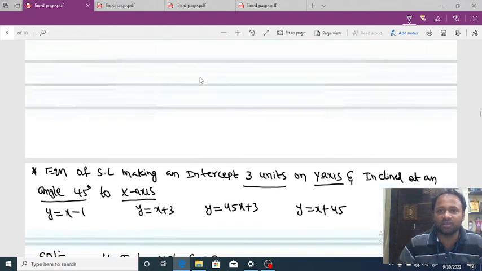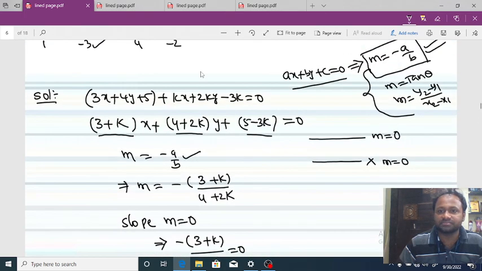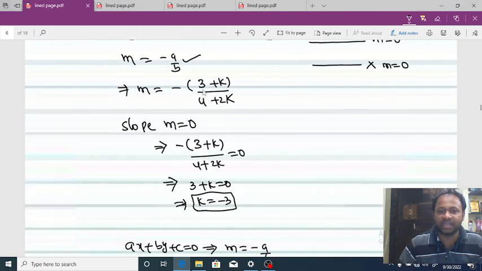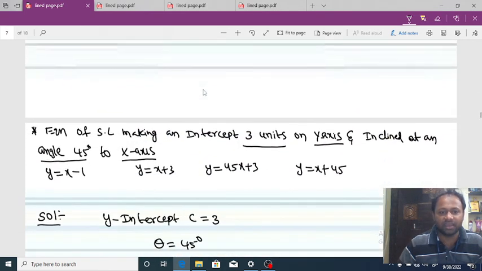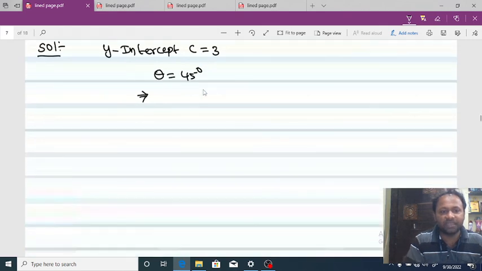Whenever theta is given, slope m is equal to tan theta. So m is equal to tan 45 degrees, which means 1. I got the slope as well as the y-intercept.